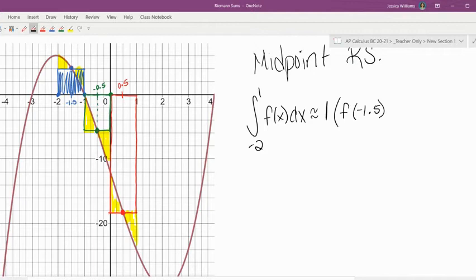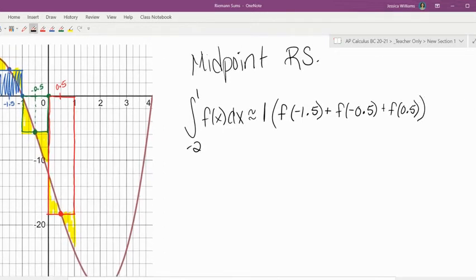Plus my second height was f of negative 0.5, and then plus my third height was f of positive 0.5. This is one of the first places those calculator skills really come in handy. If you store this in y1 and then go back to your home screen, you don't have to keep typing in that polynomial over and over and over.